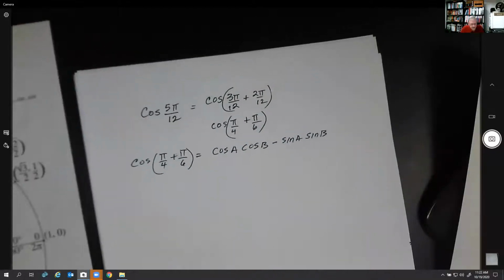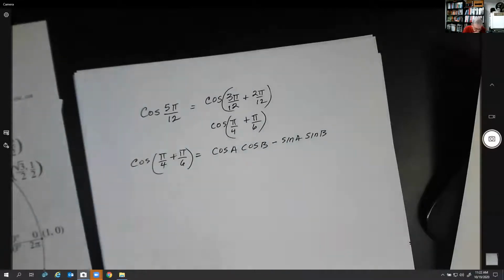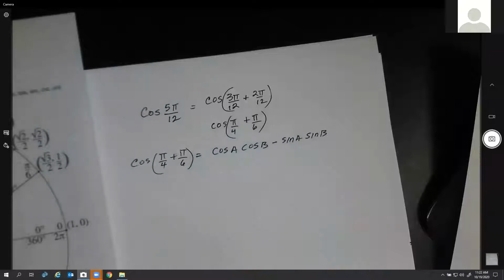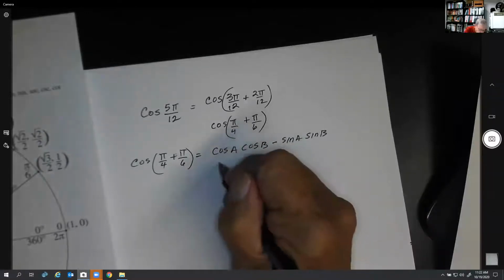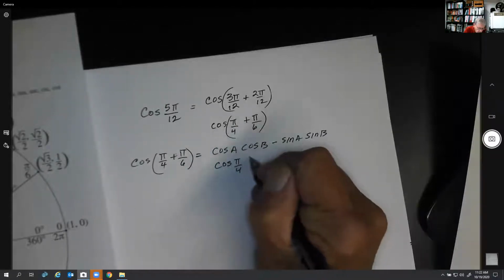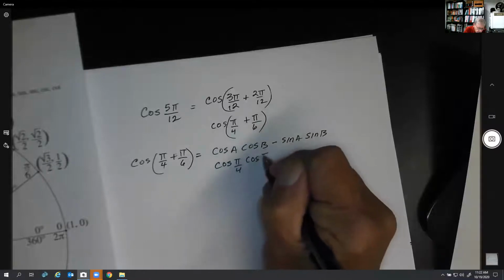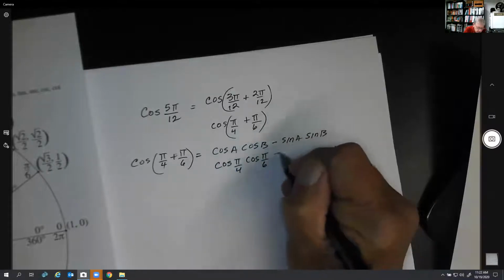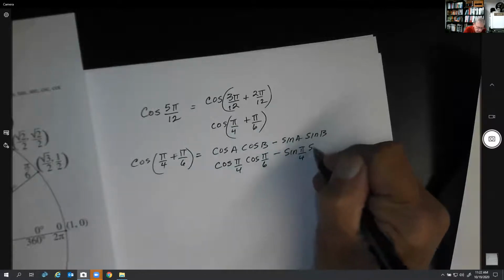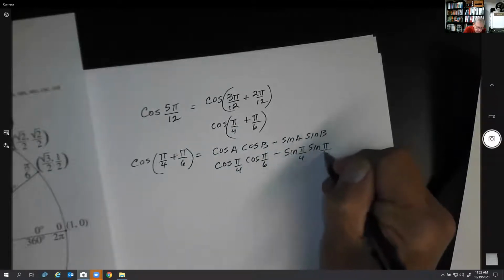On the sine, it's just the reverse. When we're going to do the sines, they keep the same sign. So far, so good. So this is going to be cosine of what? Pi over 4, cosine of pi over 6, minus sine of pi over 4, sine of pi over 6.